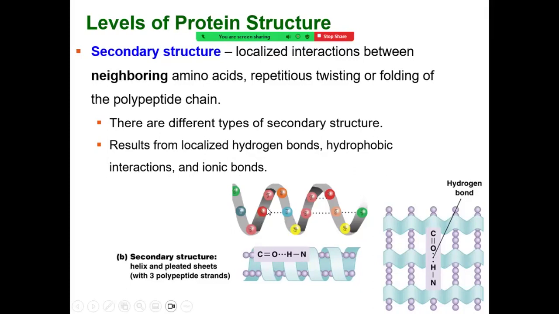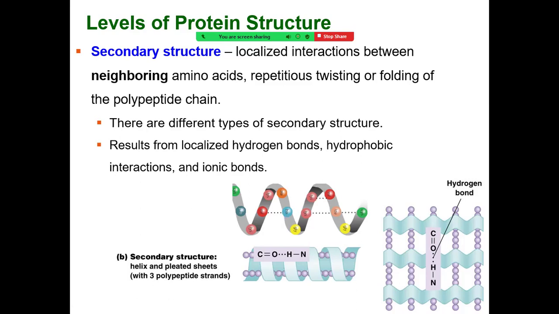And if the hydrogen moves from this one to that one, this one will be negatively charged and that one will be positively charged. That will make an electric attraction between the two charges, and that will form an ionic bond between this amino acid and that amino acid. So those are the two attractions.